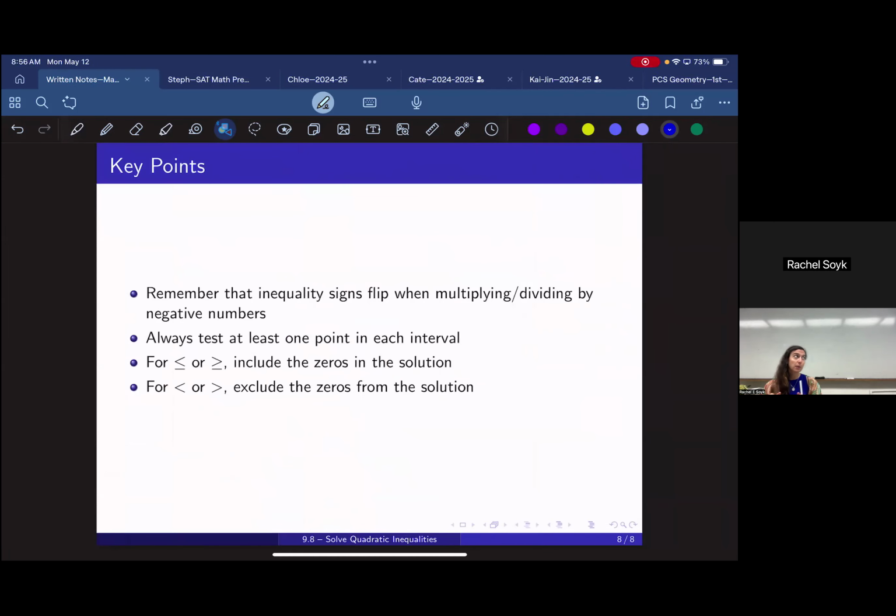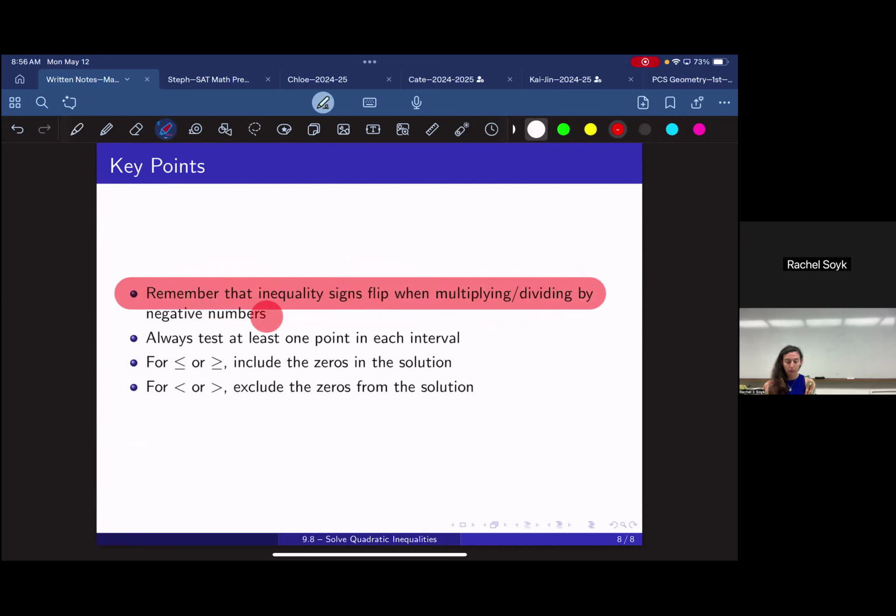Right. So the key points from this section, we want to remember that our inequality sign, we didn't really see it this often, but our inequality sign will flip when you multiply or divide by a negative number. So I'm actually going to highlight that because that is a very important point.